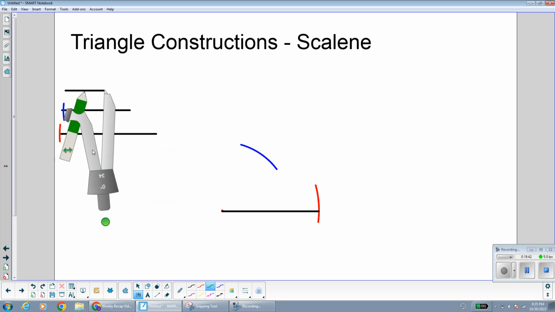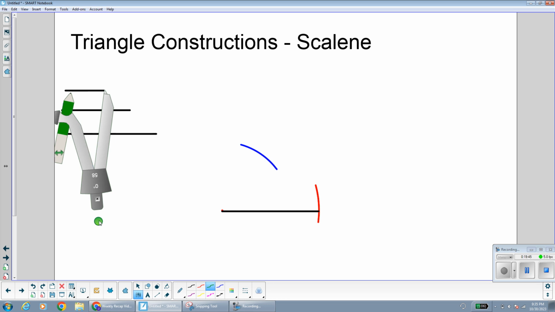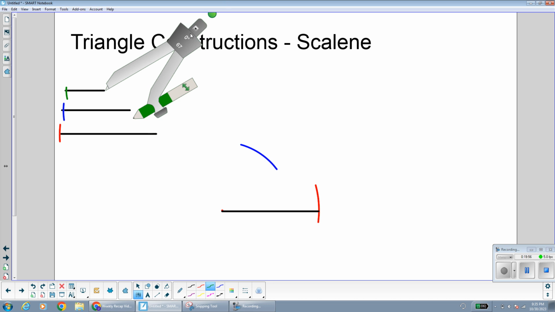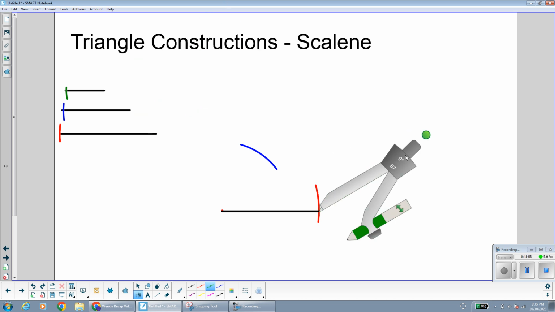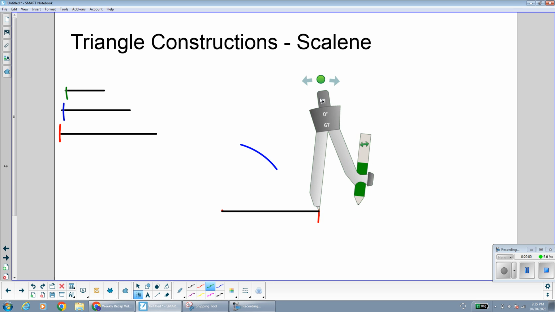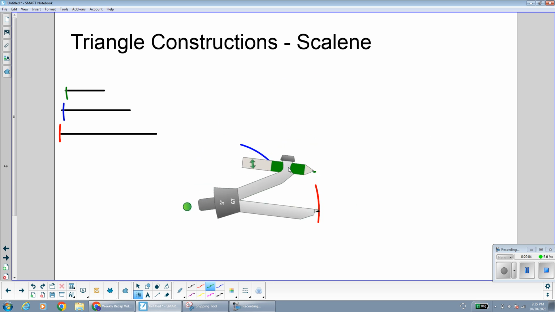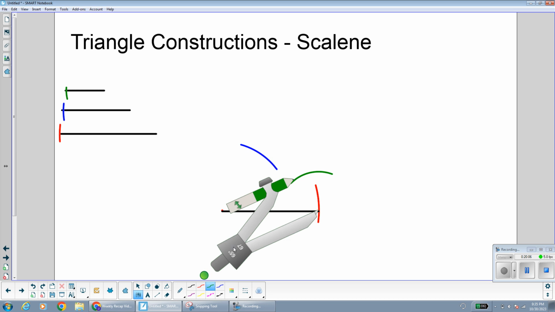So I'm going to go over and open up so I can get this measure. Then I'm going to take my compass and go over to the other endpoint that I didn't yet go over to, and I'm going to make an arc.